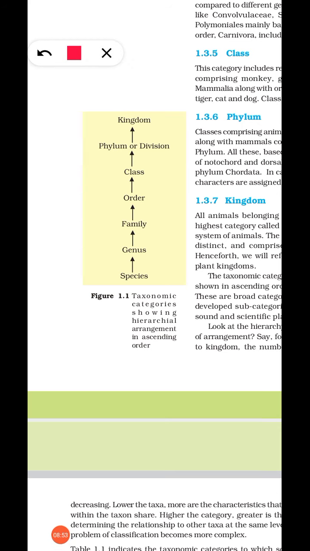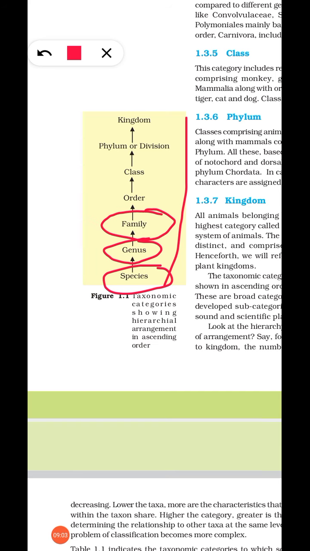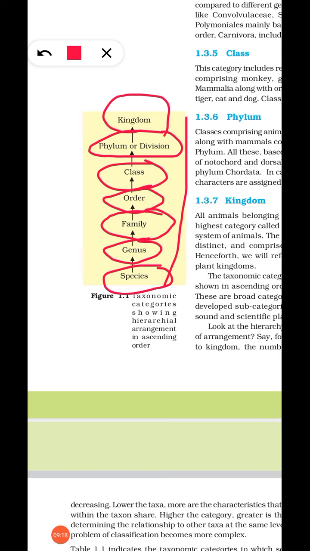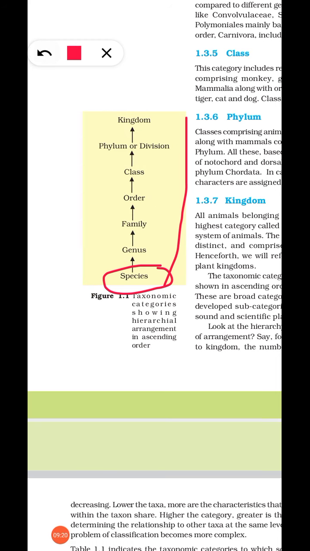So in the ascending order, the lowermost one is species, then comes genus, family, order, class, phyla or division. Both are having the same rank or level. Then the highest one is the kingdom. So this is the hierarchy of classification.